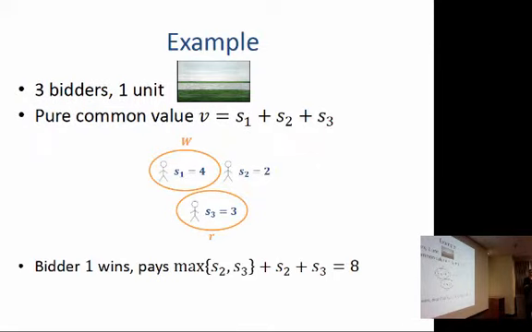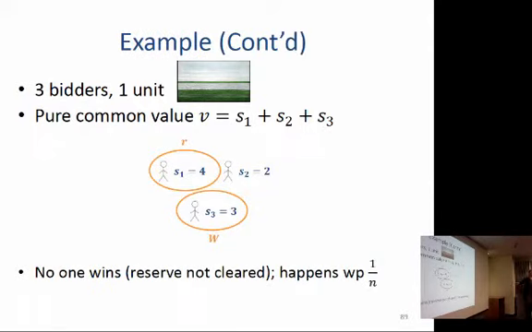In this case, bidder 1 clears the reserve, and he pays his value just with the threshold signal, which in this case is the max between 2 and 3. And this is what I mentioned before. If the reserve bidder happens to be the guy with the high signal, then bad luck, you don't manage to get revenue. But this only happens with probability 1/n.